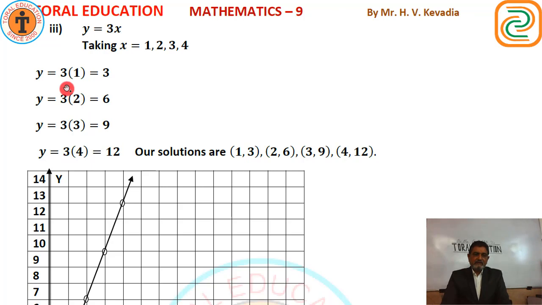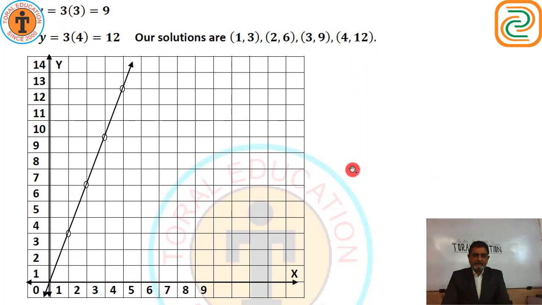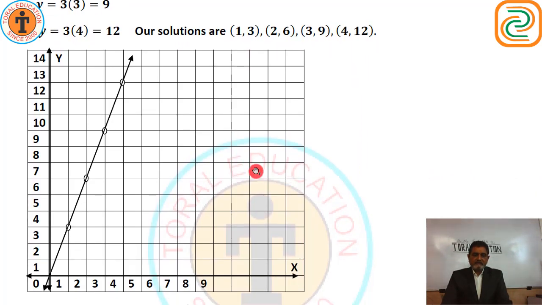That is 3 into 1, 3 into 2, 3 into 3, 3 into 4, which gives 3, 6, 9, 12. Here are our numbers, that is, points. So this is our graph. Again I told you that the graph of a linear equation is a straight line.